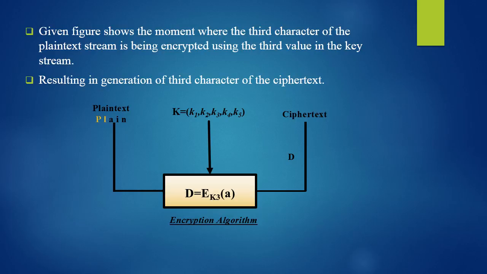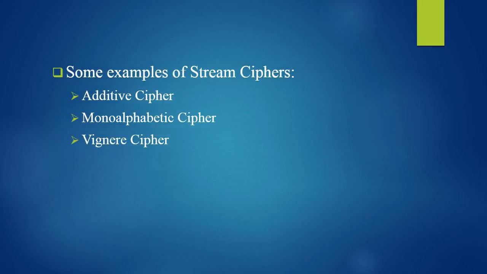We have plain text, key stream K1, K2 up to K5, and encryption algorithm E. Then the third character A is fed into the algorithm with K3, and the output is D, which is the third ciphertext character. Some examples of stream ciphers: additive cipher, monoalphabetic cipher, vigenere cipher.